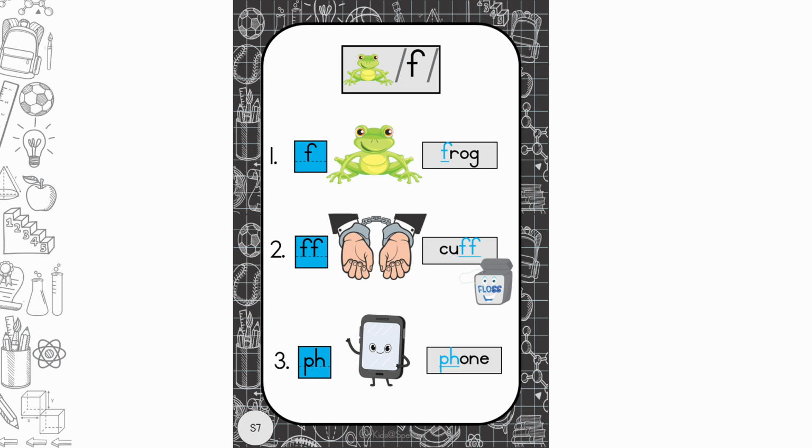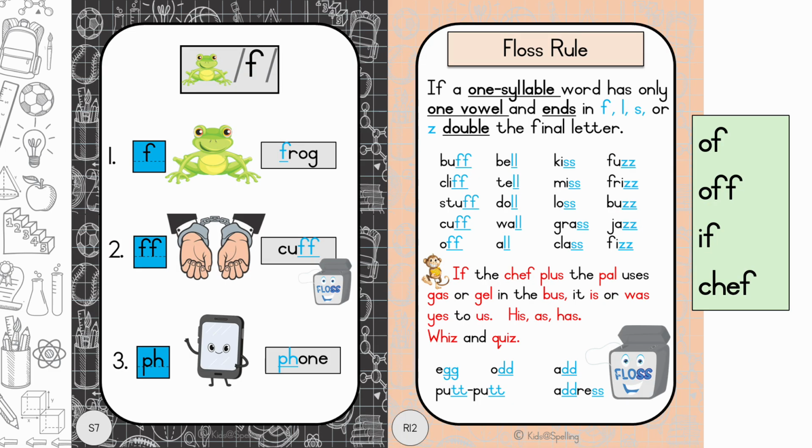For the F and the double F, you need to understand the floss rule that I am going to explain to you right now. Let's read the floss rule together. If a one-syllable word has only one vowel and ends in F, L, S, or Z, double the final letter. Remember, every syllable needs a vowel.